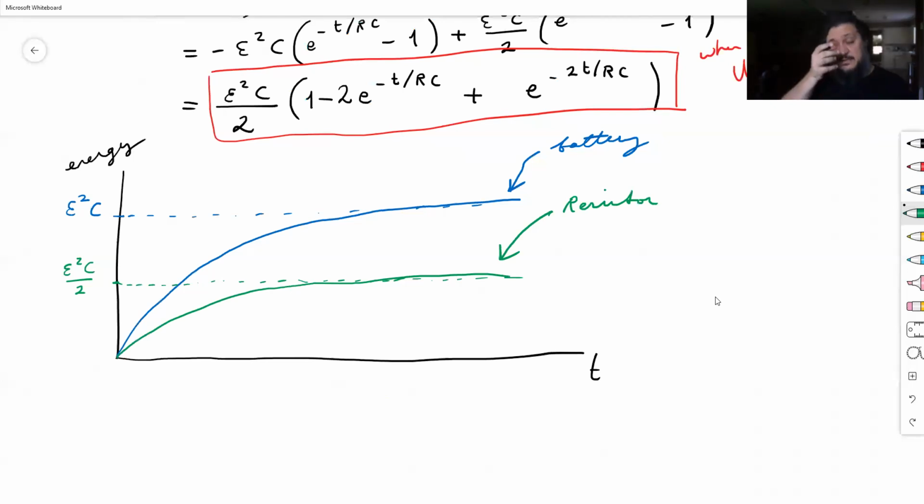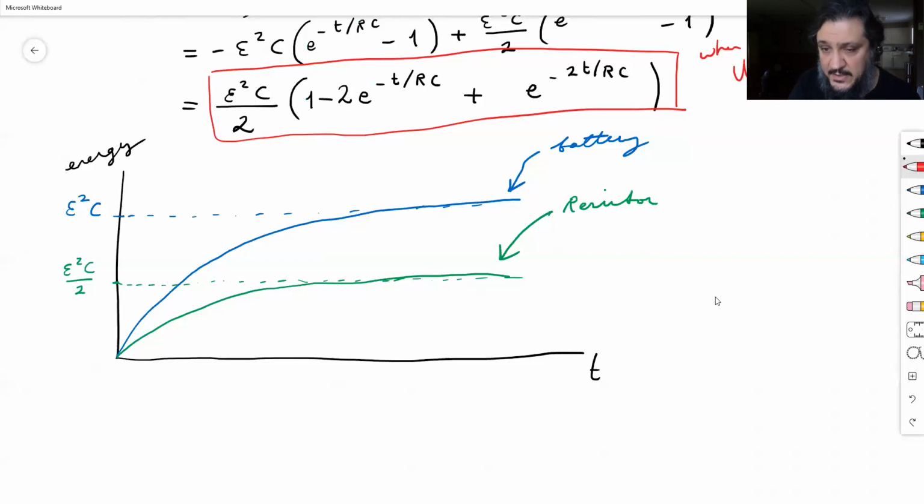Okay, and then the final is the capacitor. Let's use red. This function here. So you could plot these in a computer, right? MATLAB, Mathematica, or whatever your favorite software is. But we know that this function, when added to the green line, the resistor, should give me the blue line. Okay, so if you do that, and you know that when t goes to infinity, you have to reach this E squared C over 2 again.